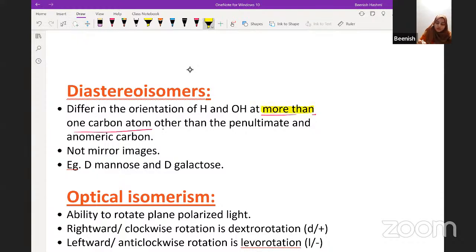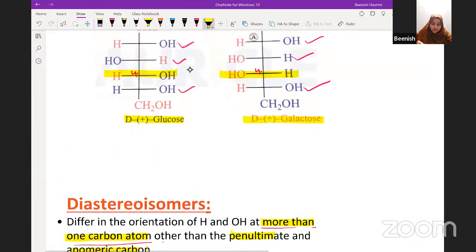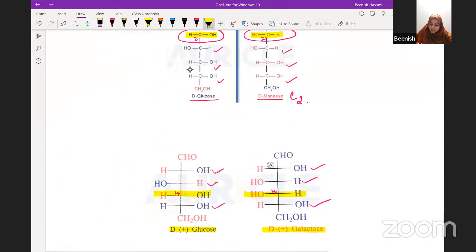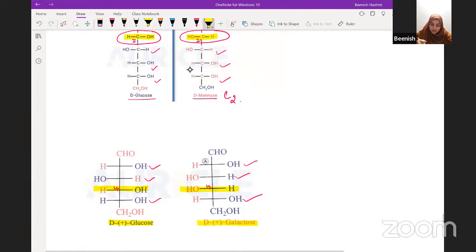When there is a difference in orientation at more than one carbon, other than the penultimate and the anomeric carbon, then they are known as diastereomers, and these are not mirror images of each other. For example, mannose and galactose. Now see, this is galactose and this is mannose. Now compare the two structures.